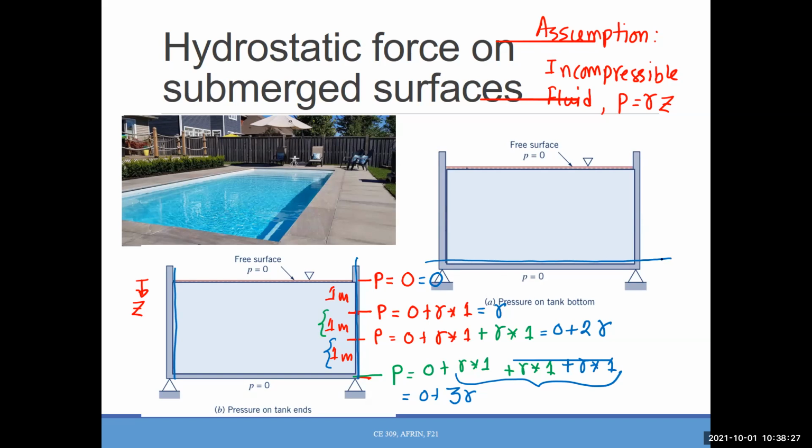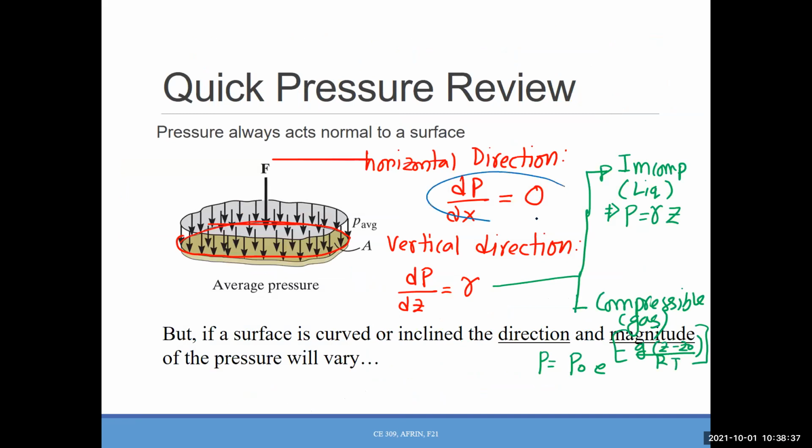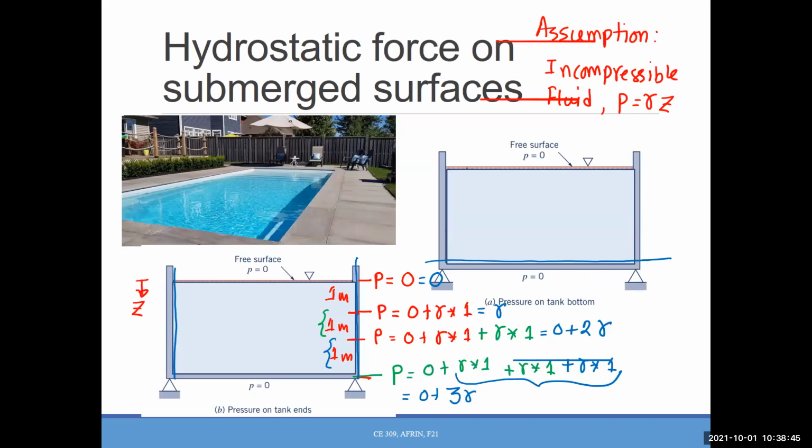This is a horizontal surface, so what should the pressure variation be? Horizontal surface, pressure variation is zero, right? There is no pressure variation. That means there will be the same pressure at every point. So try to draw something for this one. What will be the shape and what will be the pressure distribution here?